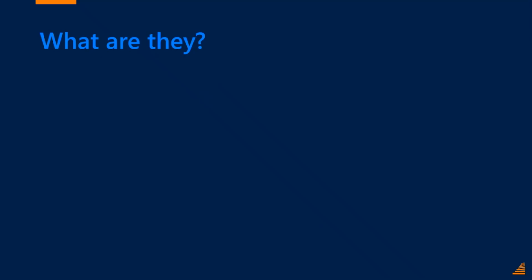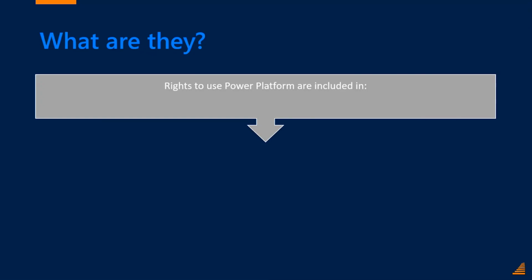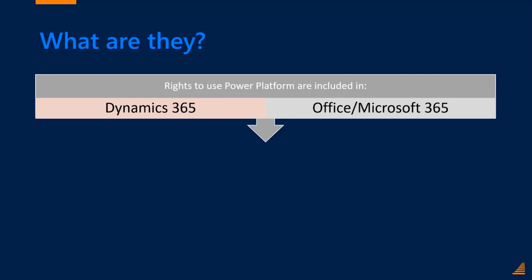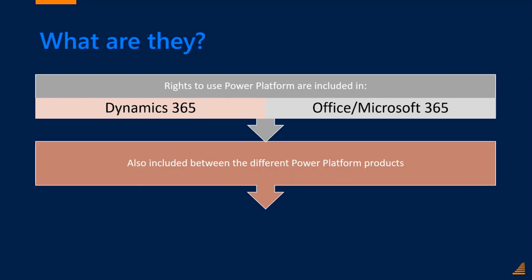And this is their rights to use certain Power Platform products included inside other licenses. So they're included within Dynamics 365 and also Office 365 and Microsoft 365. For today, we're just going to look at Dynamics 365. So there are also rights included within the different Power Platform products. So if you have Power Apps, you can use bits of Power Automate and vice versa.